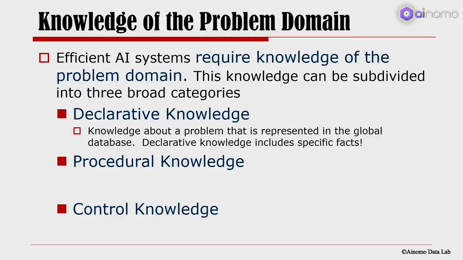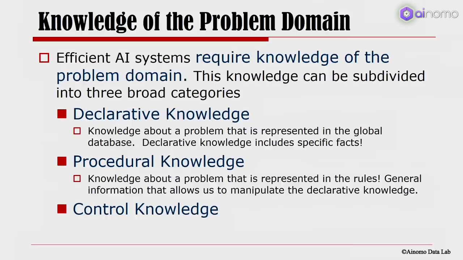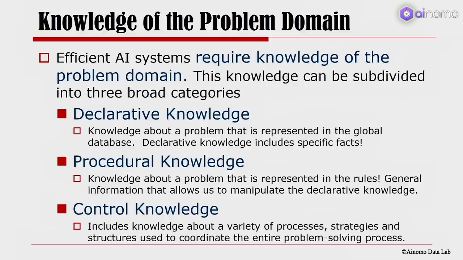Declarative knowledge includes specific facts. Procedural knowledge is about a problem that is represented in rules, general information that allows us to manipulate the declarative knowledge. Control knowledge includes knowledge about a variety of processes, strategies, and structures used to coordinate the entire problem solving process.